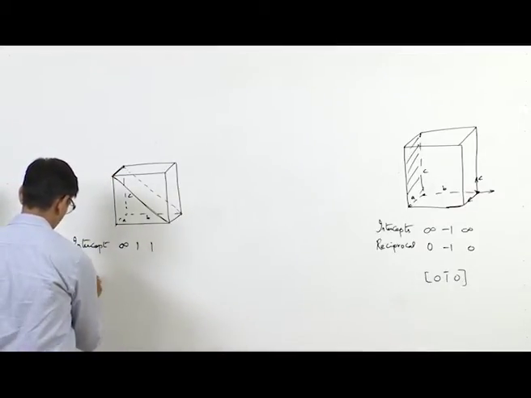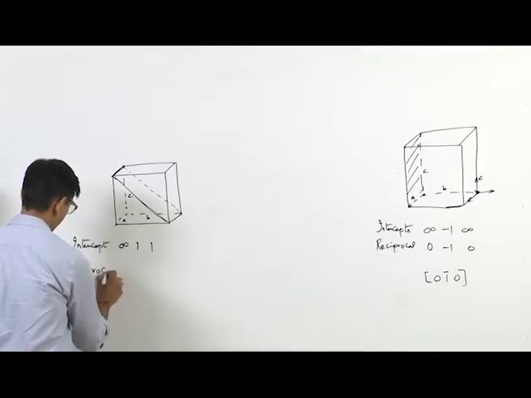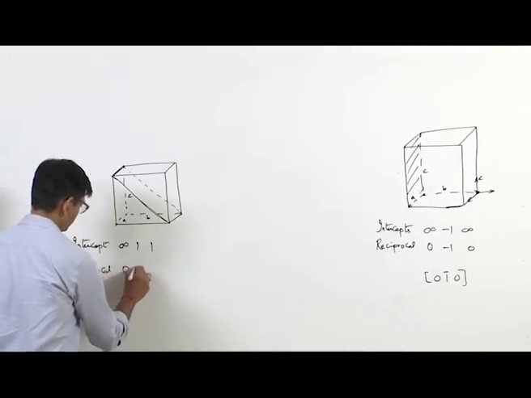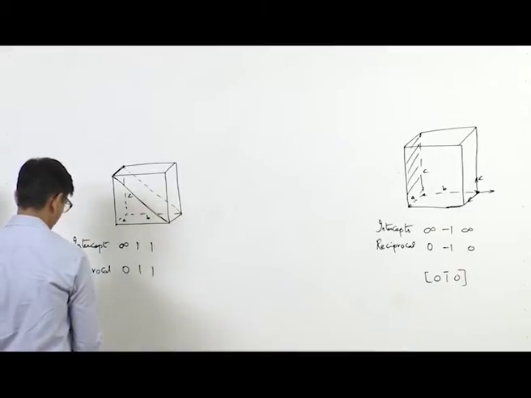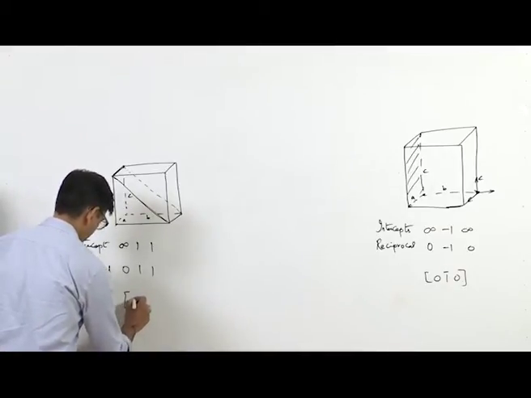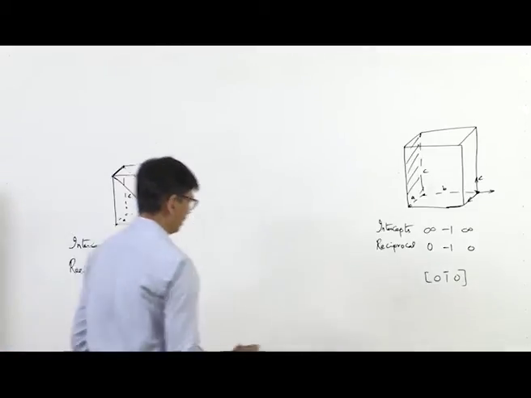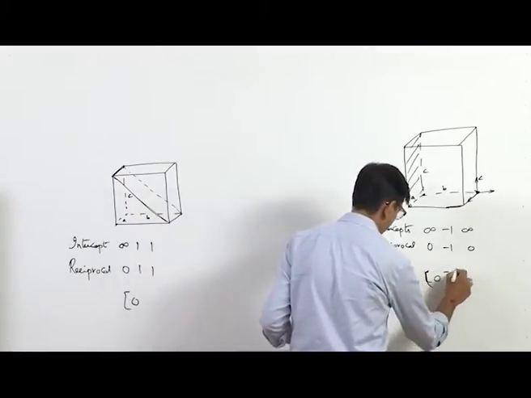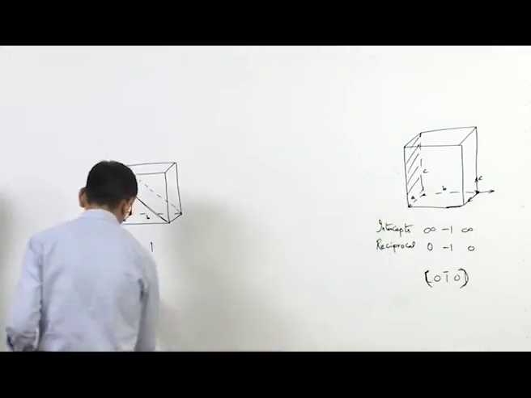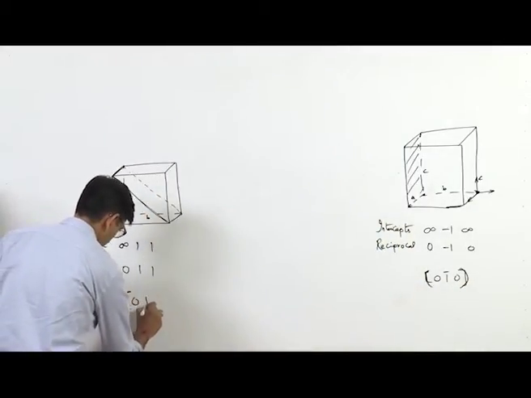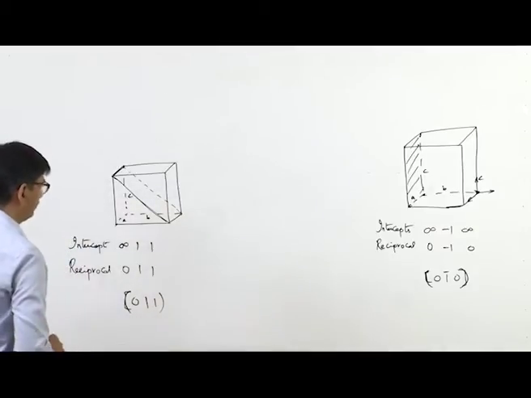Again we will take the reciprocal of these values, so it will come 0, 1, 1. I am writing it in the wrong way; it should be in parenthesis, (0, 1, 1).